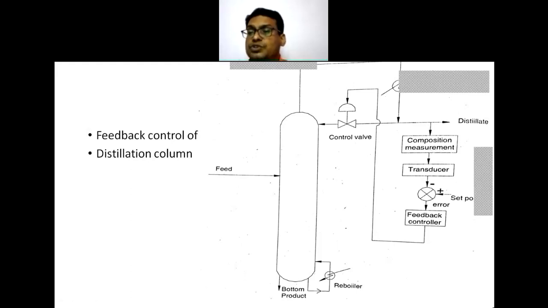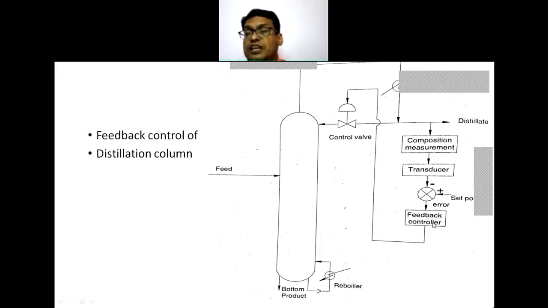Then it goes to the transducer, which gives the signal in an electronic or the desired format, and that goes to a comparator where the measured value is compared with the set point, which is going to generate an error.